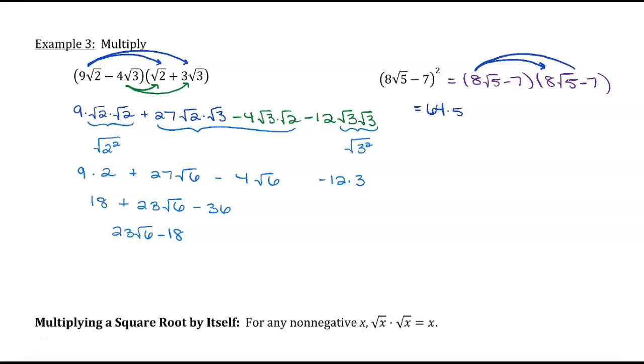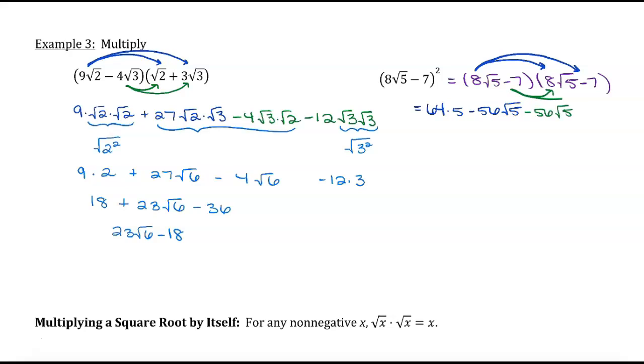Next, we have 8 root 5 times negative 7. 8 times negative 7 is negative 56, so we have negative 56 root 5. Continuing to distribute, we have another negative 7 times 8 root 5, or another minus 56 root 5.